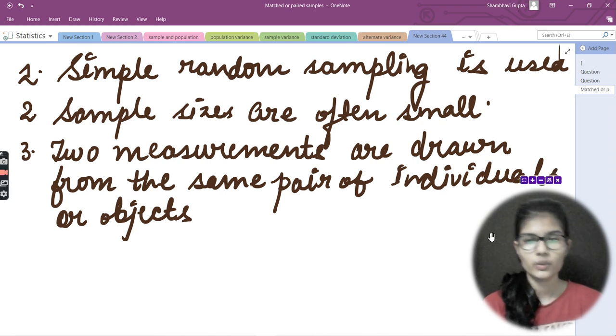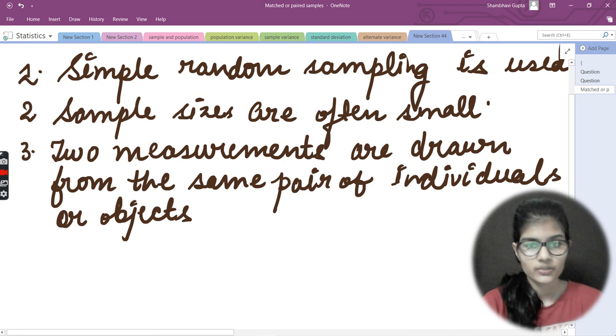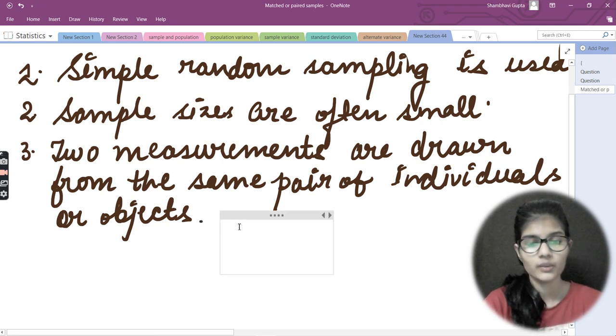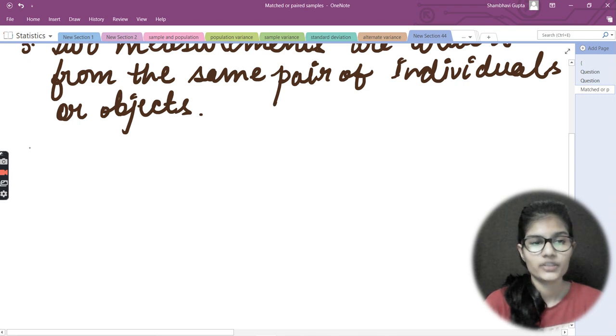Whenever we talk about the two measurements in this, the two measurements are drawn from the same pair of individuals or objects. This measurement is as per the samples only. So I could put out the statement this way: the two samples are drawn from the same pair of individuals or objects. Let me put a dot here. That's over.